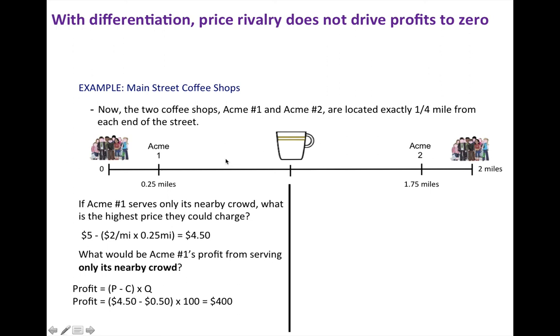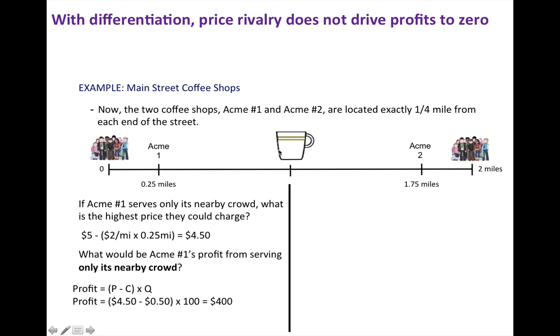But guess what? If one coffee shop locates close to this set of consumers and one coffee shop locates to this set of consumers, then they can make profits. This set of consumers only incurs a 50-cent charge for walking a quarter mile to this coffee shop.